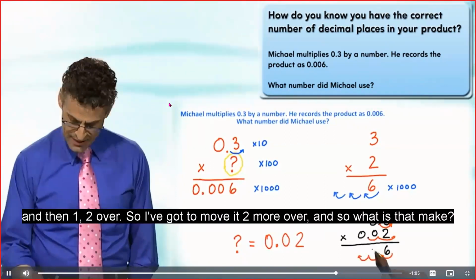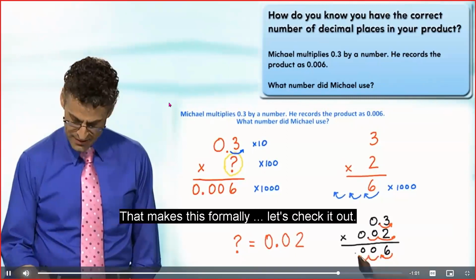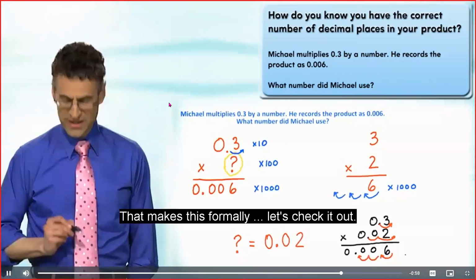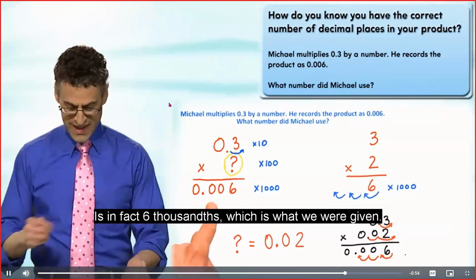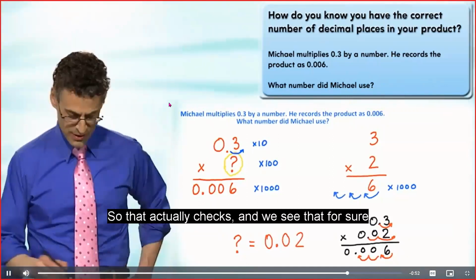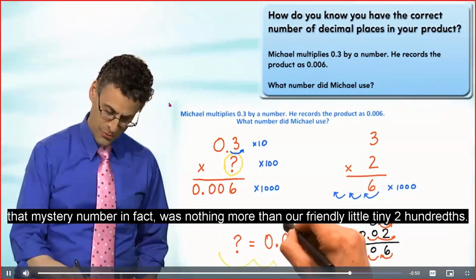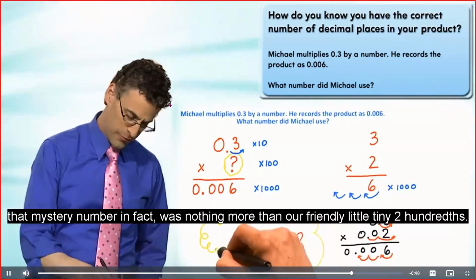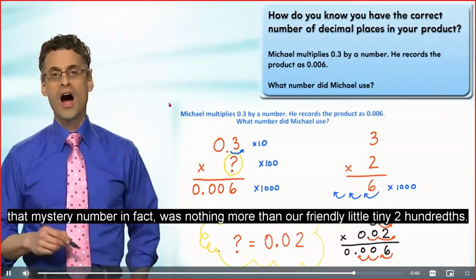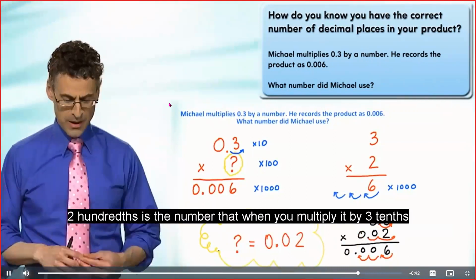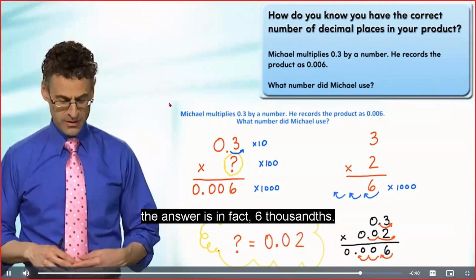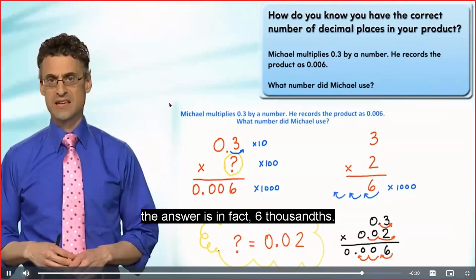That makes this formally, which, check it out, is in fact 6/1000, which is what we were given. So that checks, and we see for sure that the mystery number was nothing more than our friendly little teeny 2/100. 2/100 is the number that when you multiply by 3/10, the answer is 6/1000.